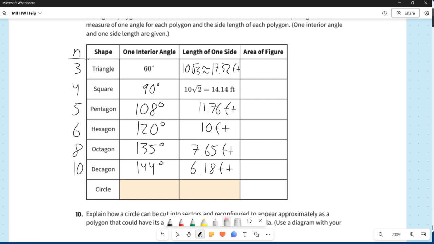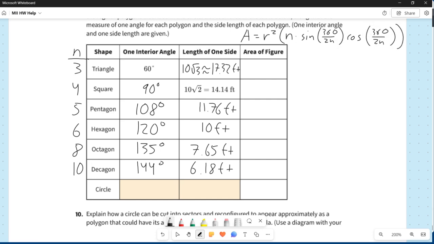The last column in this problem is talking about the area. Again, we saw this in class, and I'm not going to rederive it because it would take a little too much time. But as we saw in class, we can find the area by taking our radius squared, and then multiplying by the number of sides times two trig functions: the sine of 360 divided by 2n times the cosine of 360 divided by 2n.